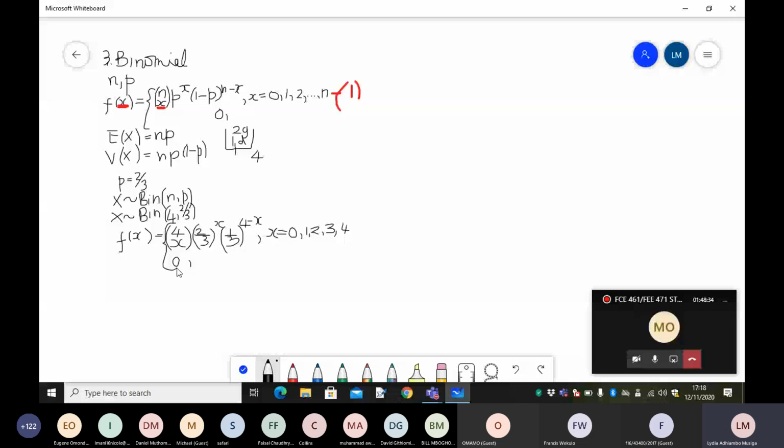So if we want 4 good bulbs, then what we are looking for is f of 4, which will just be 4 choose 4, 2/3 raised to power 4, and then 1/3 raised to power 0.